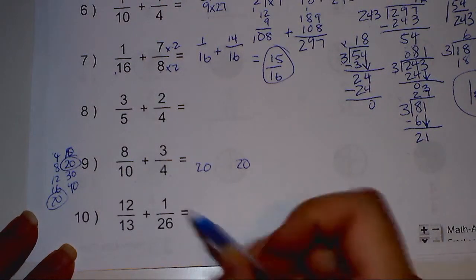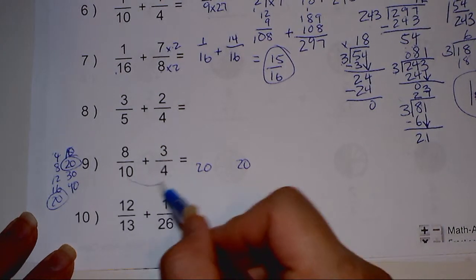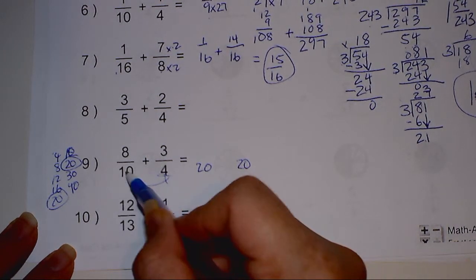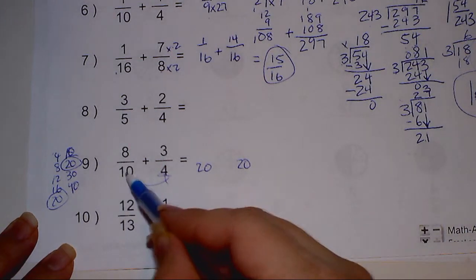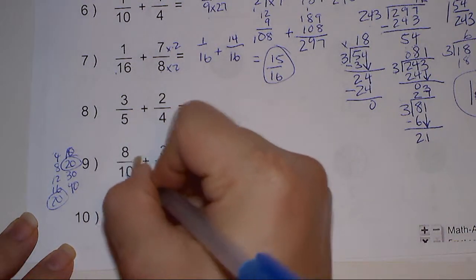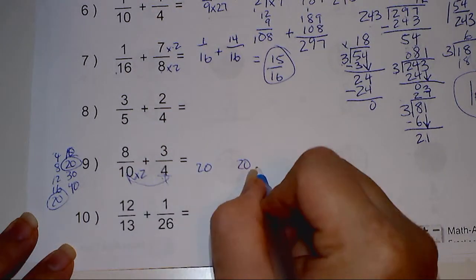Okay? And again, if you can't do that, you can multiply them by each other. Okay? 10 times 4 and 4 times 10. So, how did I get 10 to 20? Times 2. How did I get 4 to 20? Times 5.